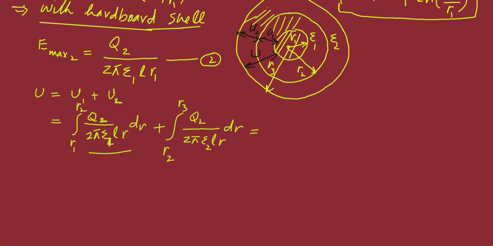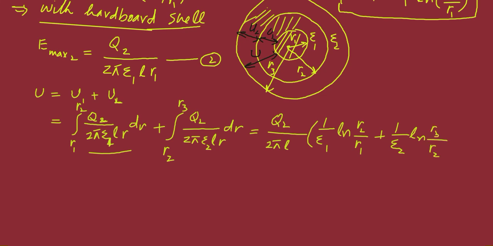And then by solving it and putting the limits, we will get U is equal to Q2 over 2 pi L, 1 over epsilon 1 natural log of R2 over R1 plus 1 over epsilon 2 natural log of R3 over R2.